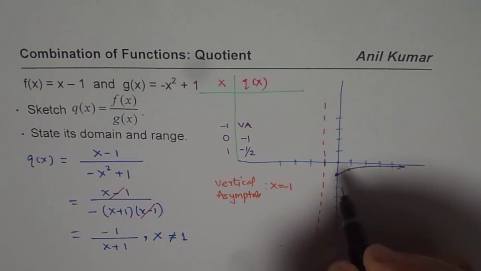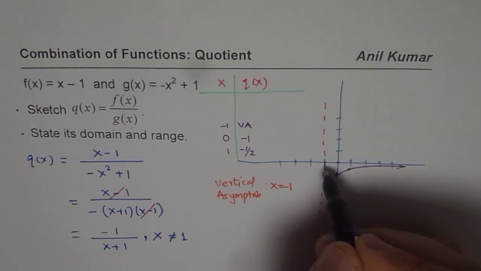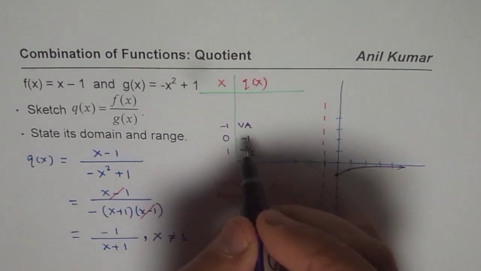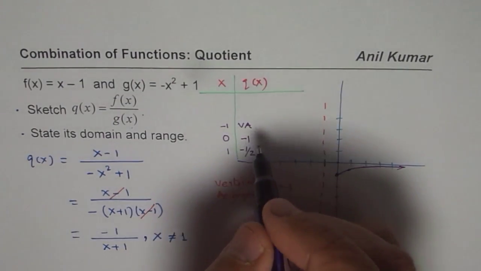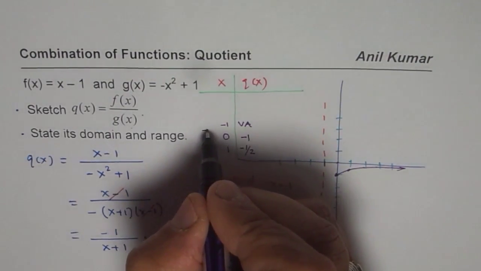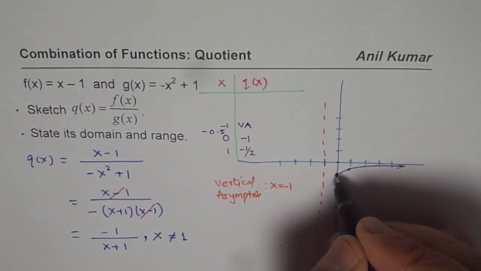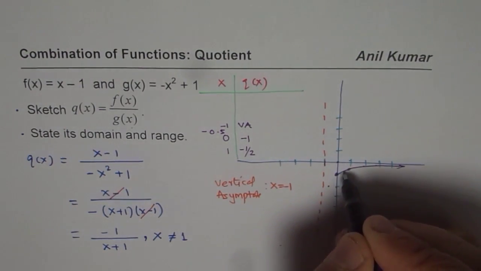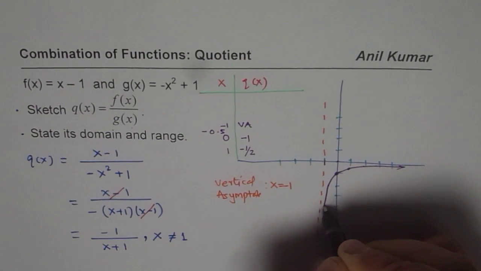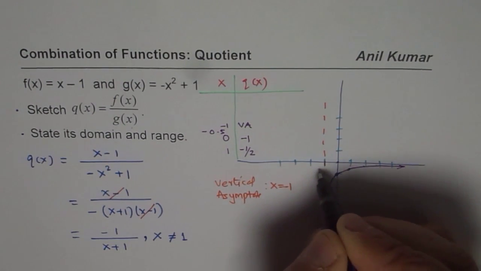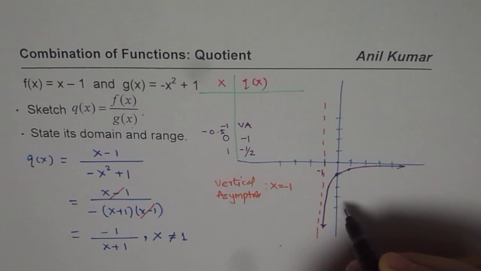On the other hand, if I am moving towards minus 1, then if I take a value which is minus half, that will be giving me a value of 2. So my graph will approach infinity as I am approaching minus 1 from the right side.